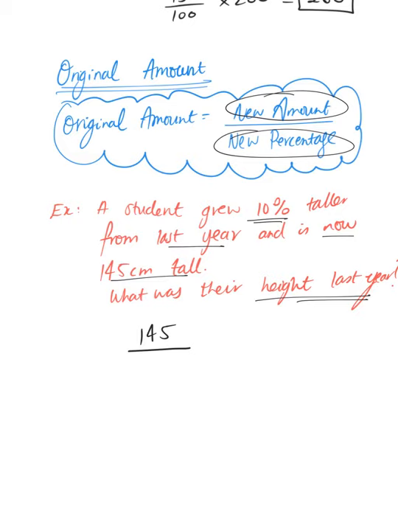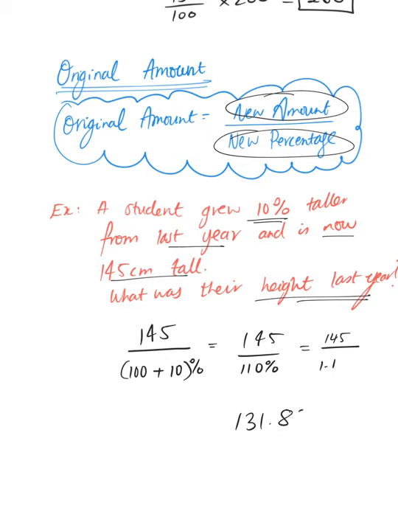Now, because there's a growth, so there's an increase, we need to add that increase to 100. So that's 100 plus 10, and that gives us 110. Now, 110% though. So we need to be wary of the percentage. So of 145 over 110, I could rewrite 110% as a decimal, and that is 1.1. So 145 divided by 1.1 gives me 131.82 centimetres. So this was this student's height last year.